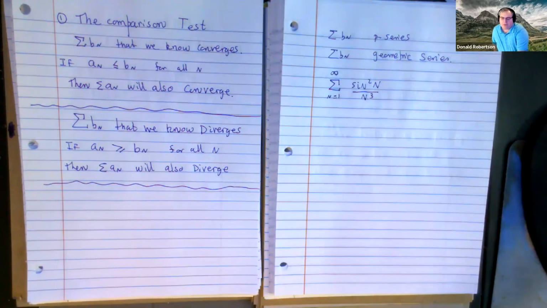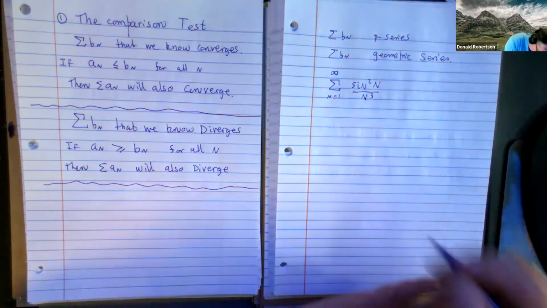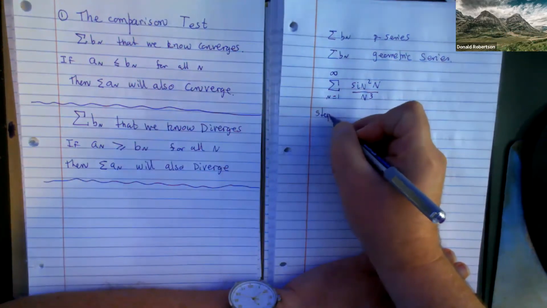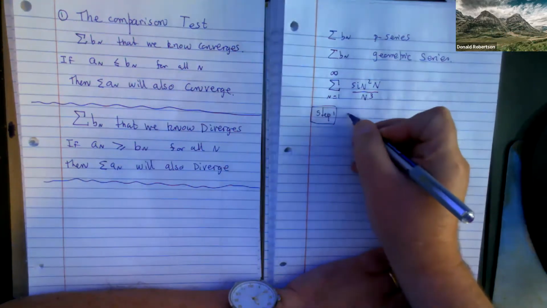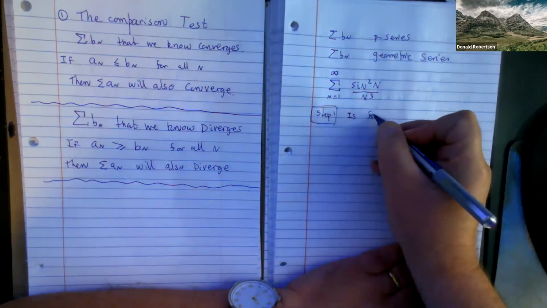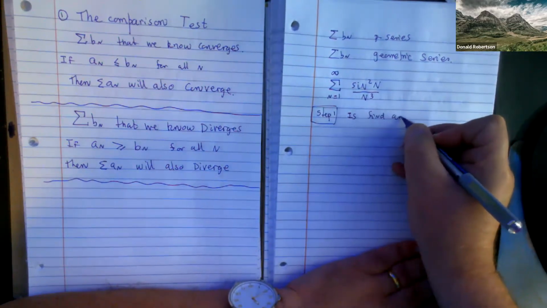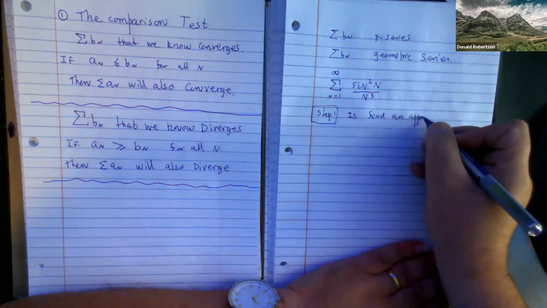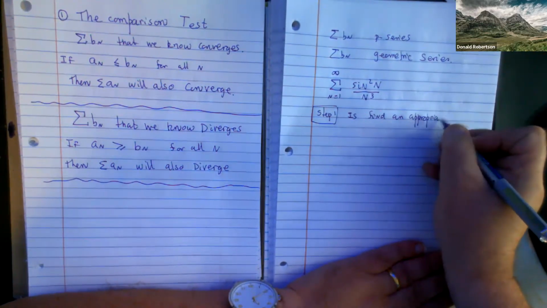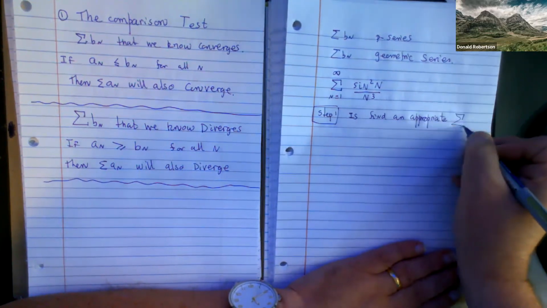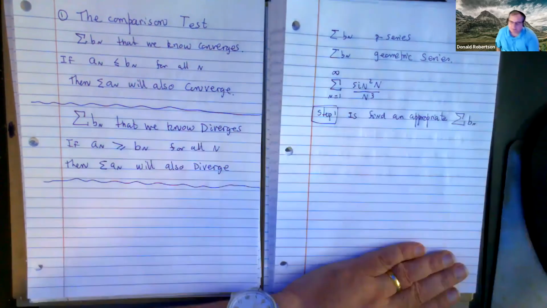Suppose we want to see whether the series sigma of sine squared of n over n cubed converges or diverges. First step we need to do is find an appropriate comparison series, sigma bn.